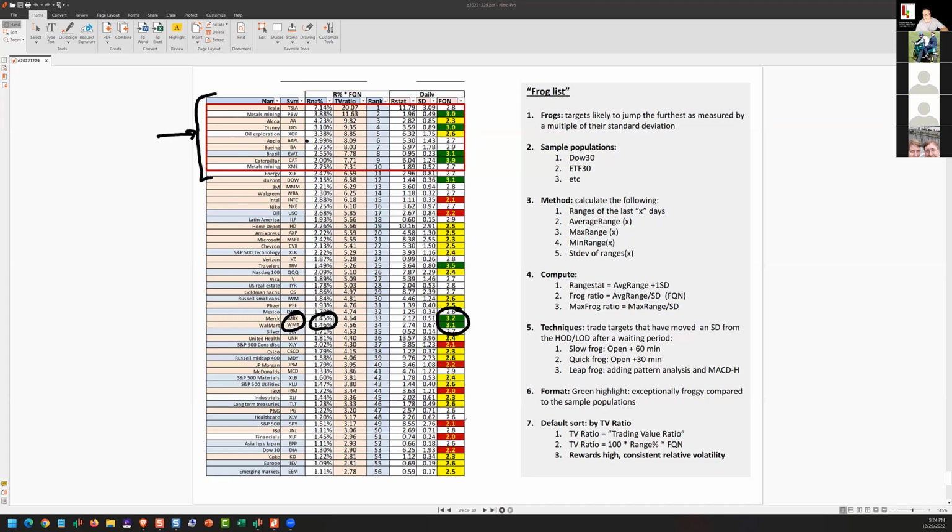Whereas these other things down here that have low frog quality numbers and low range, you have to get really tight stops intraday. They're not making these large runaway moves. So these tend to be a little more focused on stock target for the most part. There's a few very liquid ETFs in there, but you get more of your bigger, fatter indexes down here.